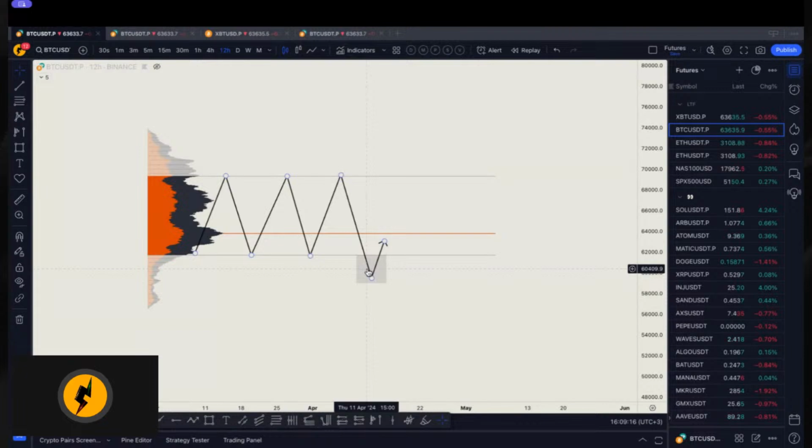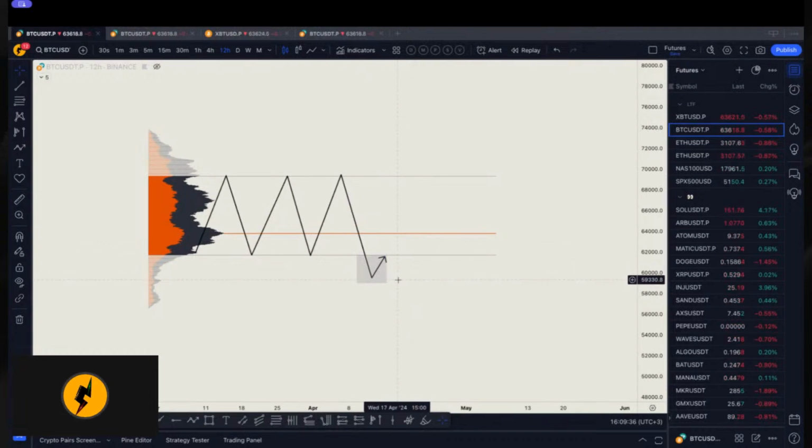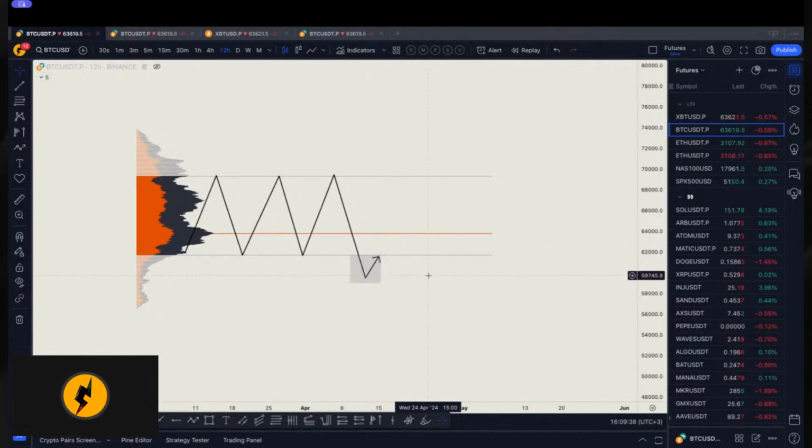Unlike all those classical books and methods, they basically say if we go outside of a range, you should short. So this is what they kind of talk about. But this is not how the markets work, at least for now.